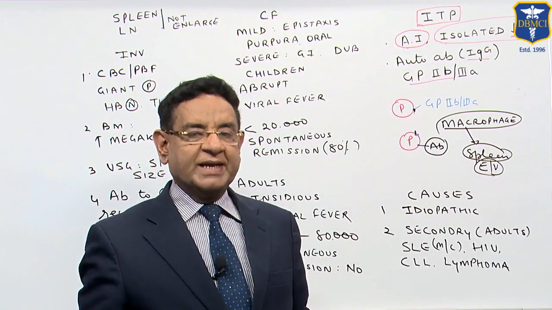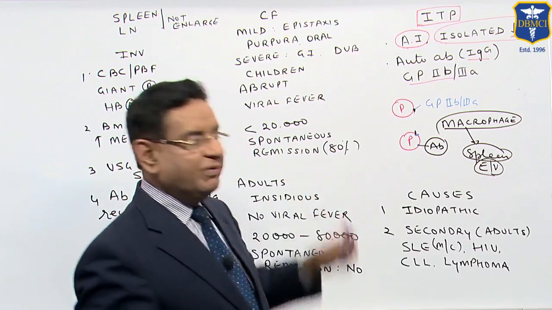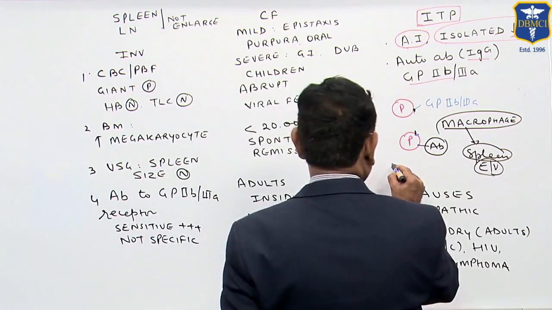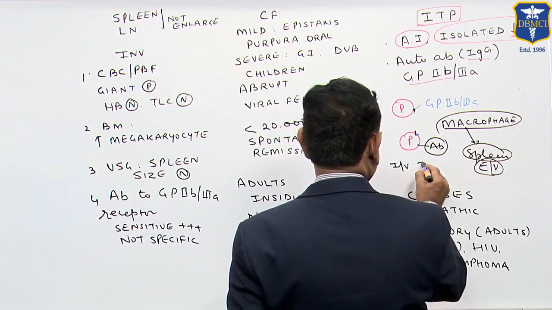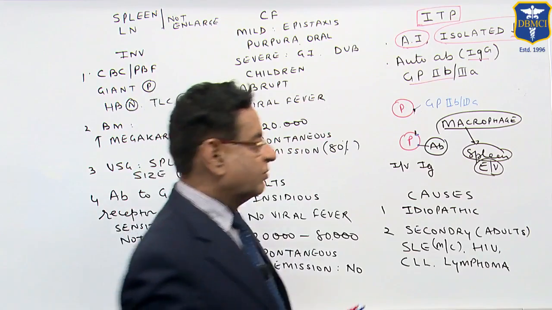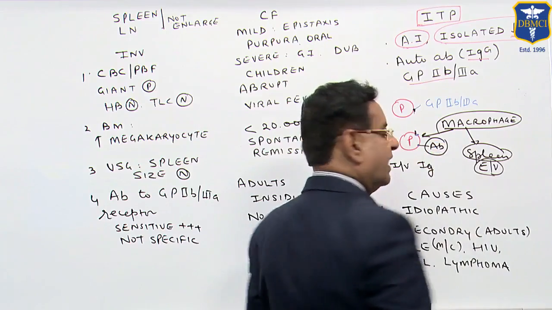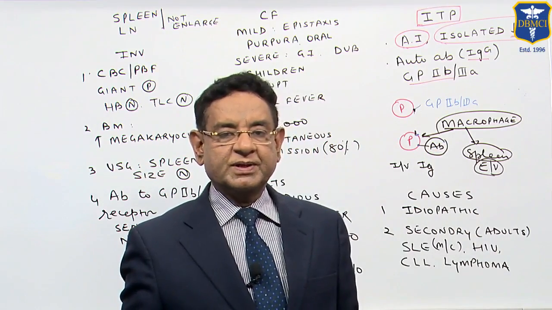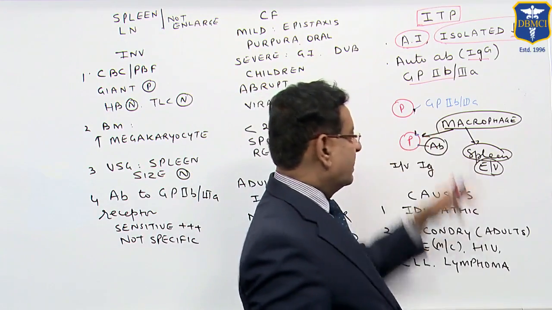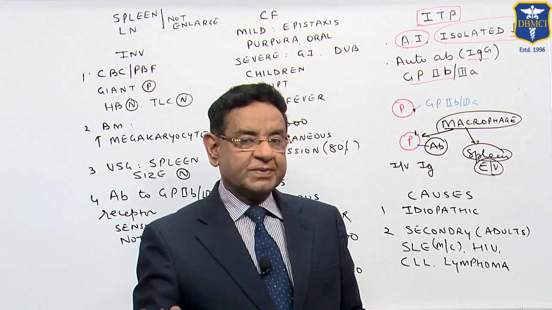What is the applied part of this? So when we use treatment, we use intravenous immunoglobulin. What will this immunoglobulin do? It will not let the macrophage engulf the platelet. Okay, so as platelets are not taken up by the macrophages, the platelets will not be destroyed.